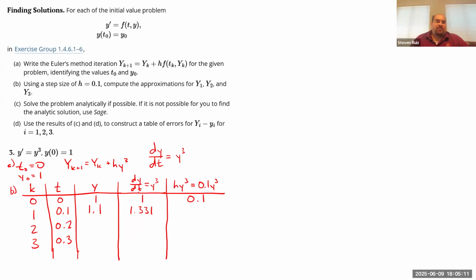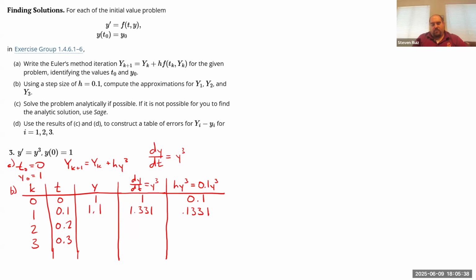For any small change in t, y will change by 1.331 times whatever that change in t is. And I know that change in t is going to be 0.1. So I'm going to multiply 0.1 times that. So that gives me 0.1331.